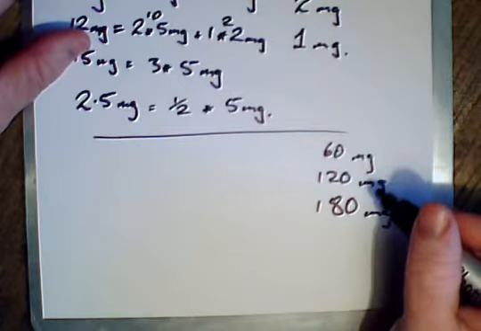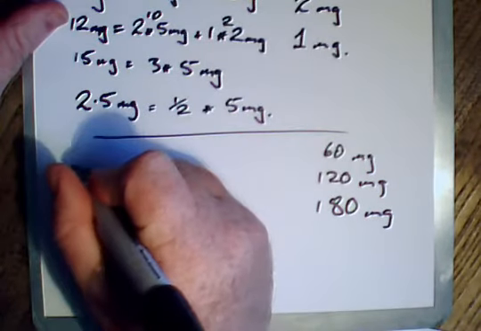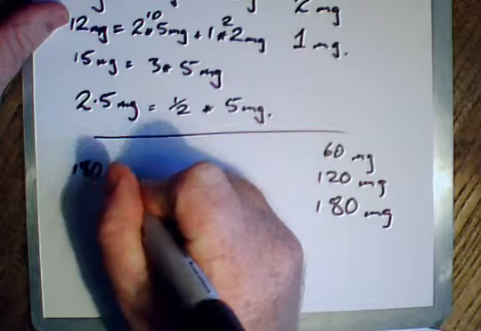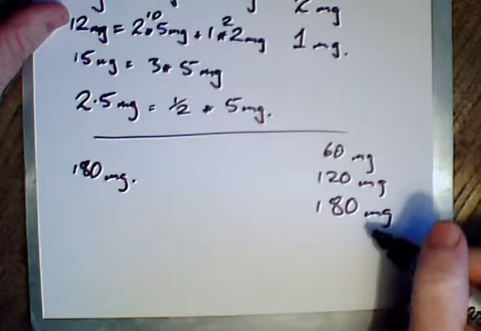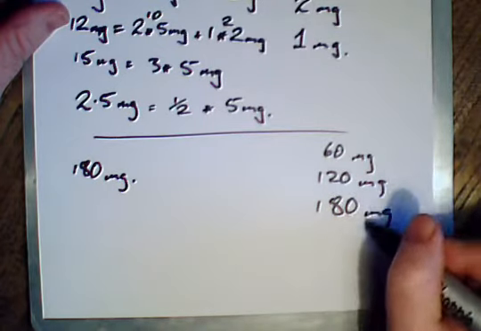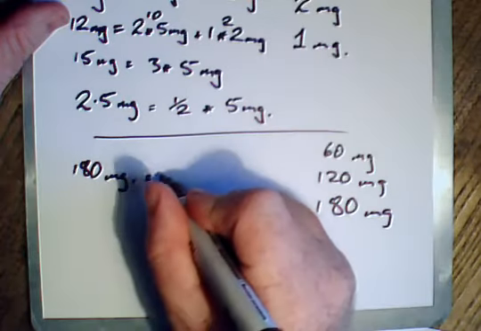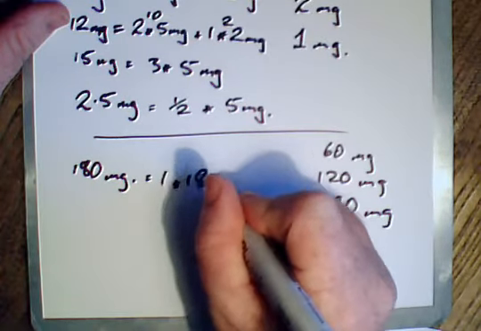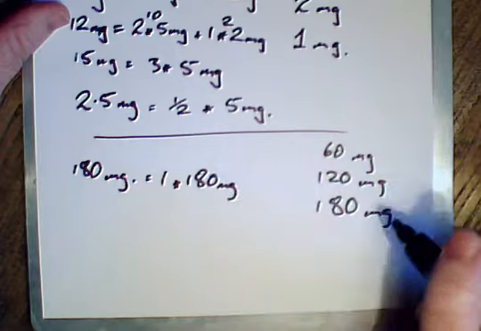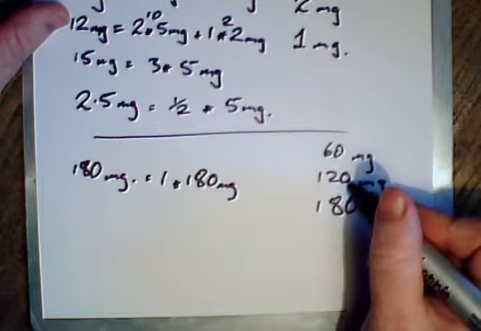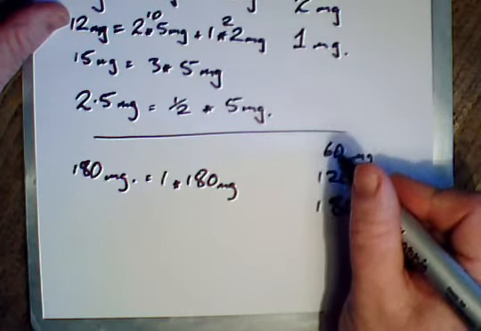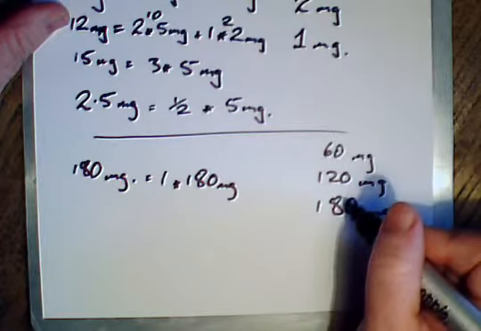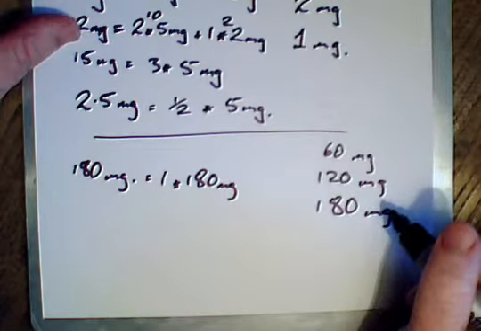And we are told that we are required to give 180 milligrams. Well, obviously, the easiest way is to give one tablet, the 180. We could give two tablets, being the 120 and the 60. We could give three tablets, being the 60.